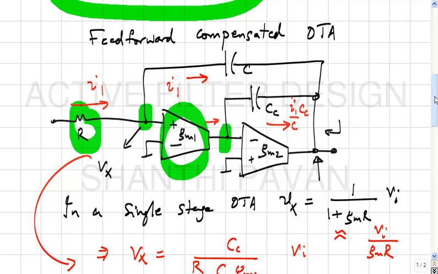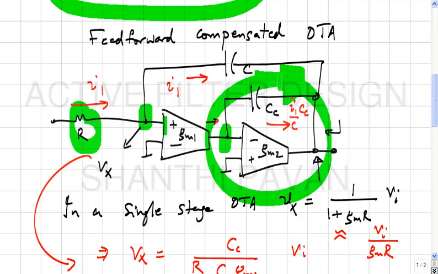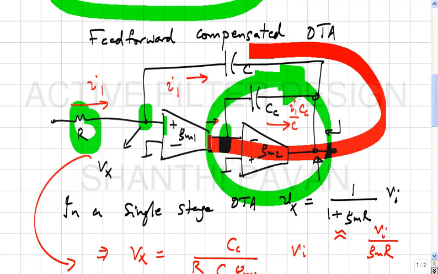If you had used only a single stage OTA, this transconductor would have to supply the entire current, all this current would have to flow in or out of Gm1, correct. Now, since all this current has to flow in or out of Gm1, it stands to reason that the input voltage that excites the Gm1 must be large.